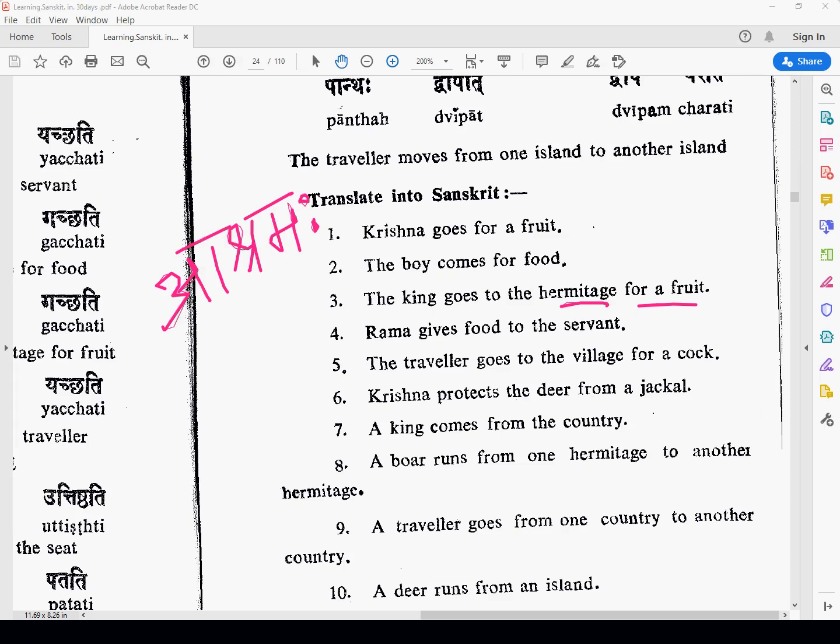That is for a fruit. Phalaya. So then Nrupaha gachati, that is our base sentence. Kaha gachati is the question now. Where is he going? Phalaya is the for what? For what purpose? Kasmai or kimartham gachati, phalaya gachati, or phalartham gachati. Nrupaha phalartham gachati.